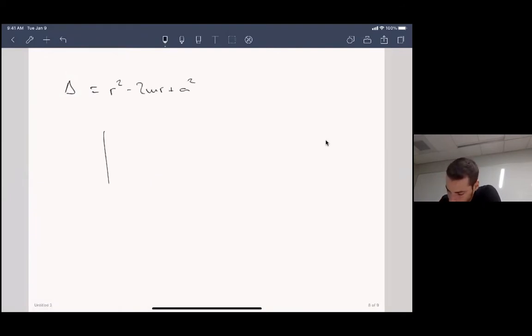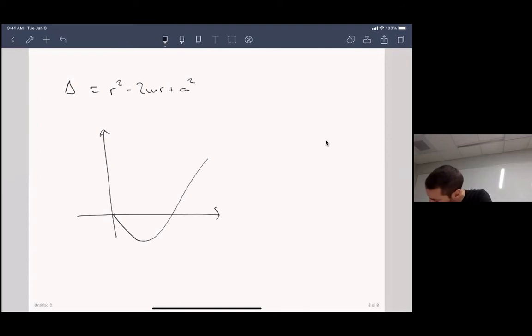Now, if we go back to high school and draw this as a quadratic, we get something like this. I'm drawing delta as a function of r. It's a polynomial in r.